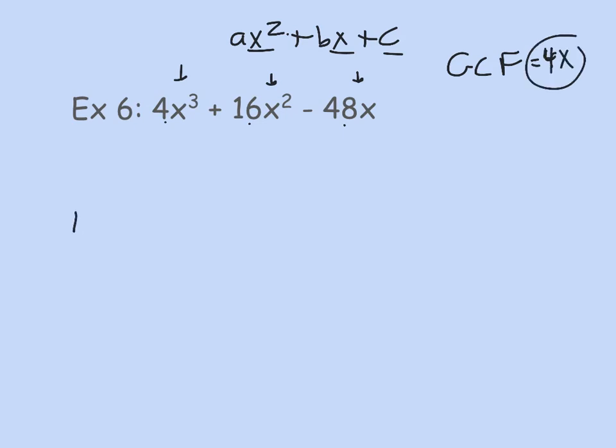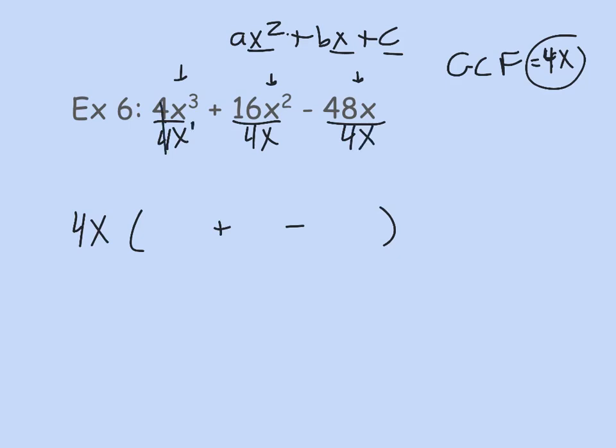So 4x. I'm going to put 4x down here, and we're going to multiply it by whatever to get these 3 terms up here. So just dividing all of these by 4x to see what you would have left inside the parentheses there. Well, the 4's cancel out here.